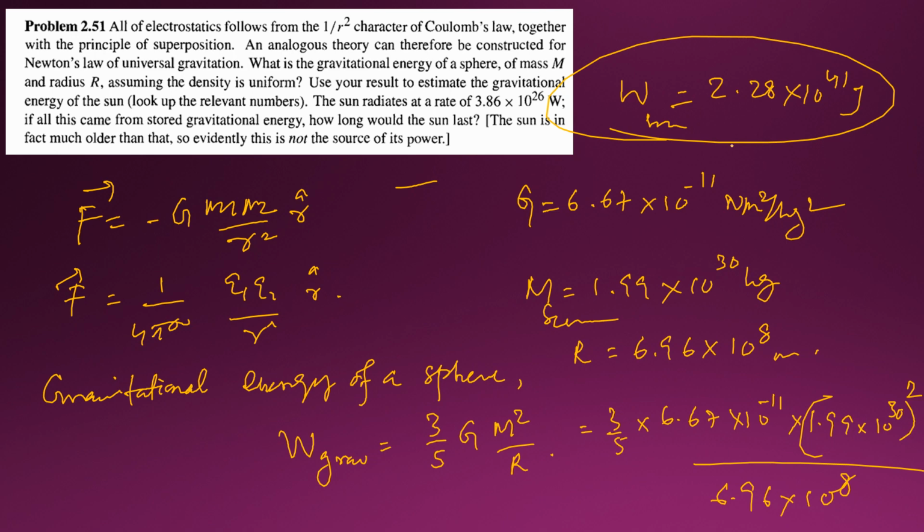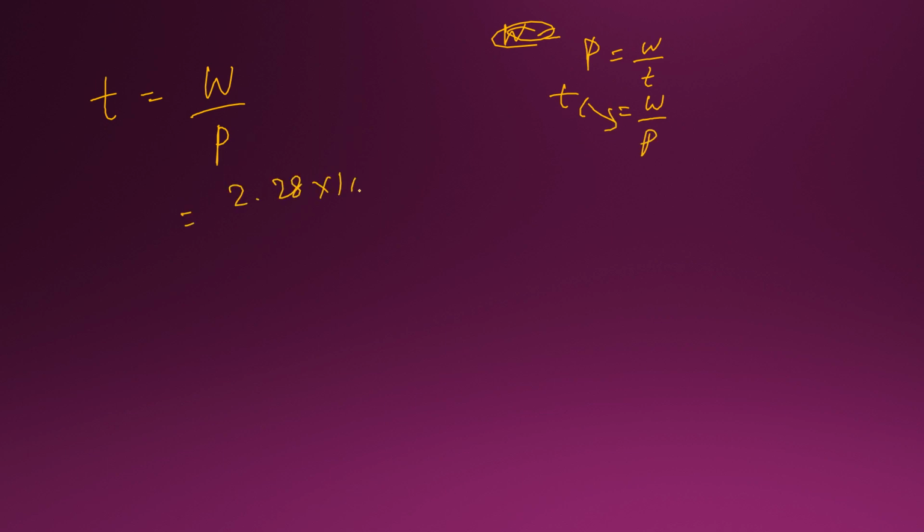So at the current rate, energy will be dissipated in a time t. That is how long the sun will last, isn't it? So time will be what? Work by power, because power is equal to work by time. If I interchange, t is equal to W by P. So W is 2.28 10 to the power 41, we calculated this.